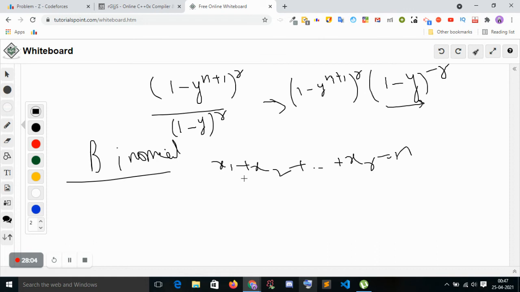So what I did here is make a generating function in y. I take every possibility of x1, x2, x3, r times, and make this function. I want to expand this and find y to the power n. Whatever the power n, y to the power n is our target in this limit. So let's try to find it.